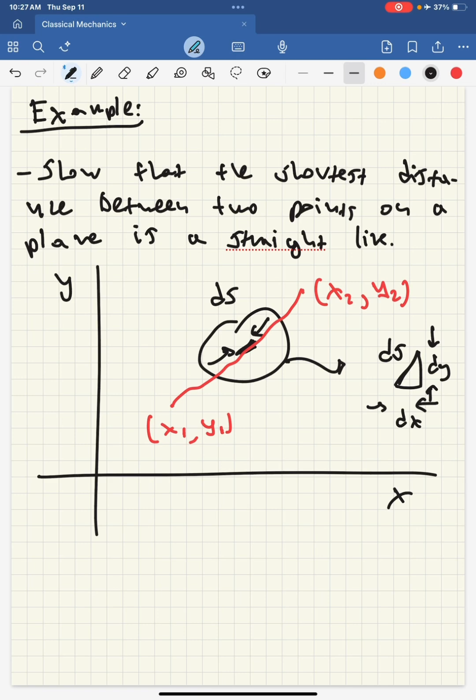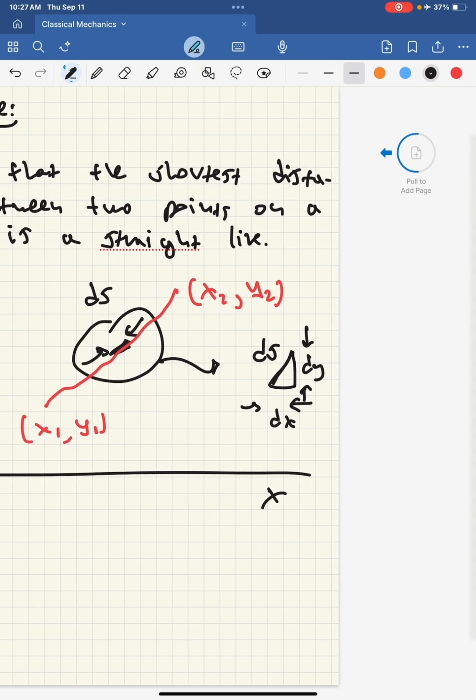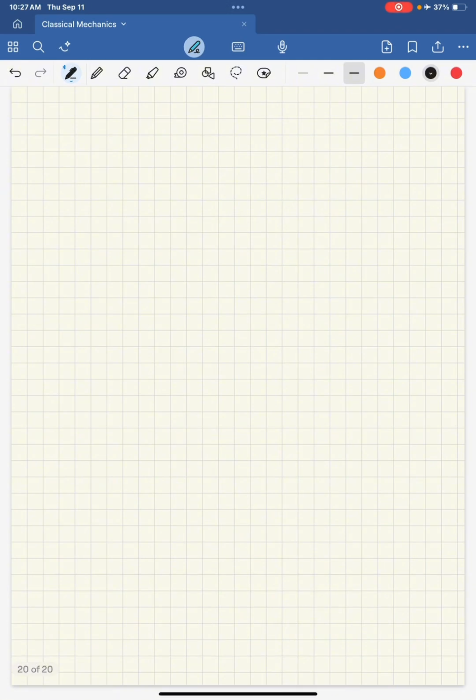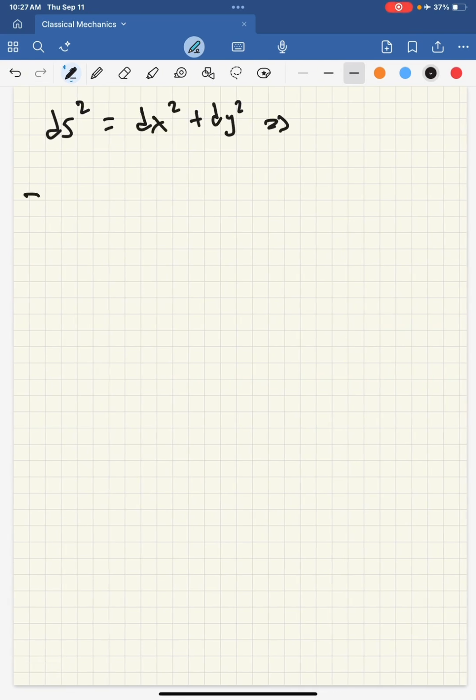This is standard when you are dealing with the calculus of variations. So let's write down this infinitesimally small piece length. So ds squared is dx squared plus dy squared. So ds is the square root of dx squared plus dy squared. And this length is what we need to find.